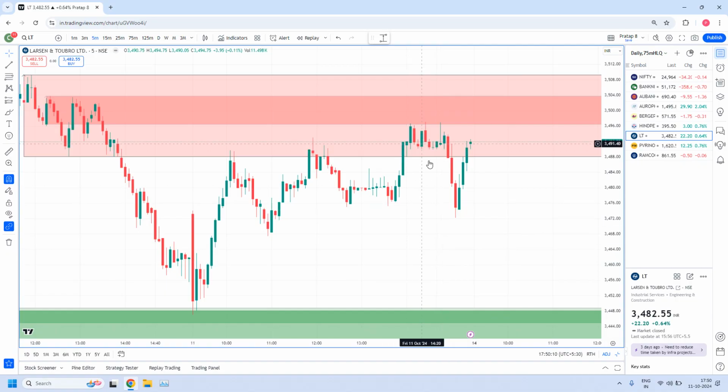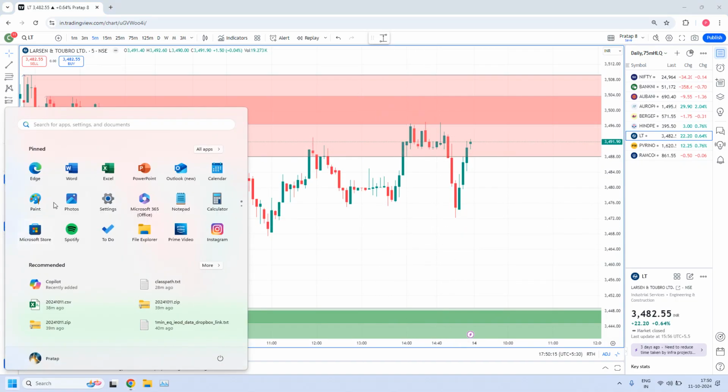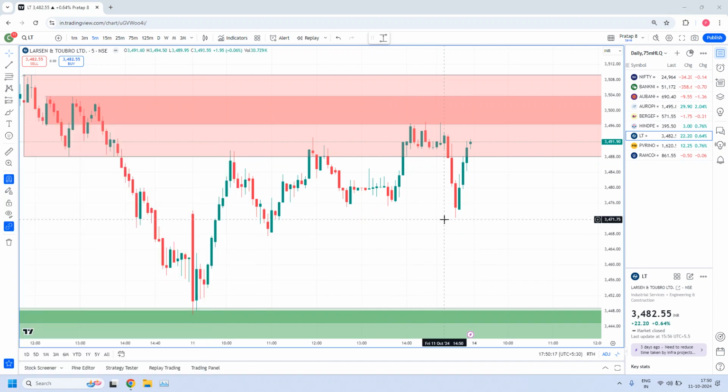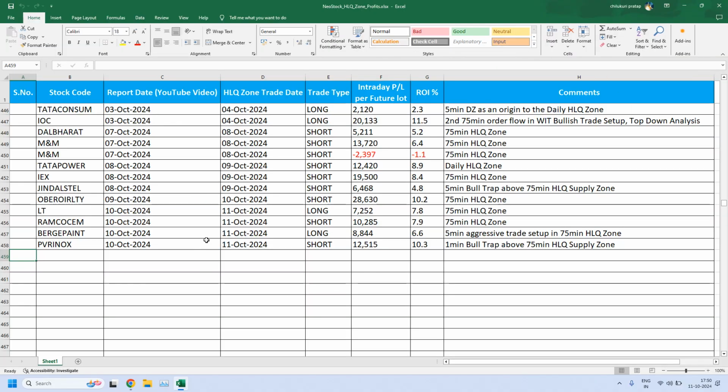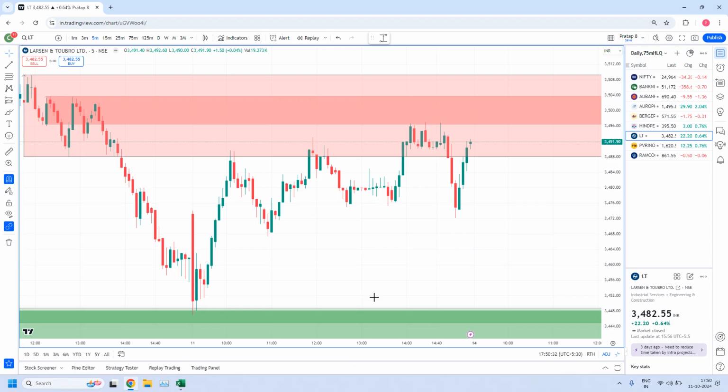Okay, anyway, by the time it reached the target, what is the profit? Let me open the Excel sheet. L&T has given 7,252 rupees profit, which is 7.8% ROI. Our average intraday ROI is 6%.